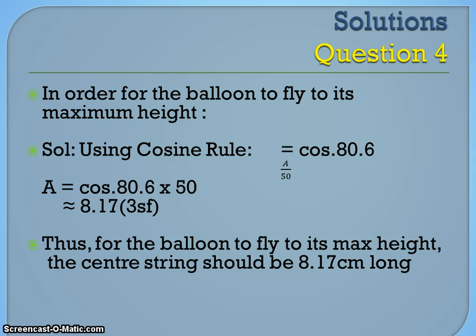To solve this, we use the cosine rule, which is cosine theta equals adjacent over hypotenuse. So the solution is cosine 80.6 times 50 equals 8.173 SF. Exactly.